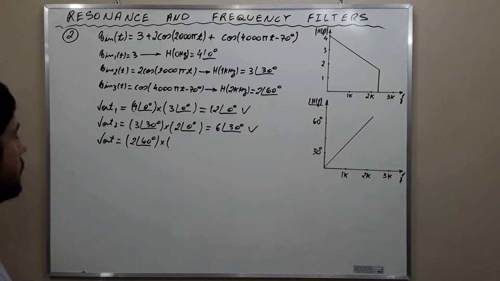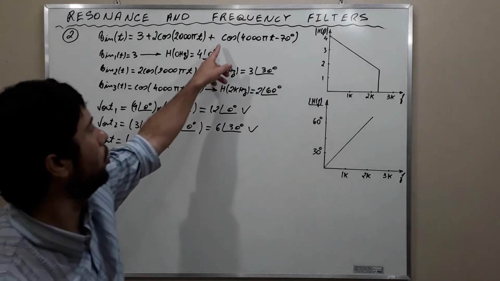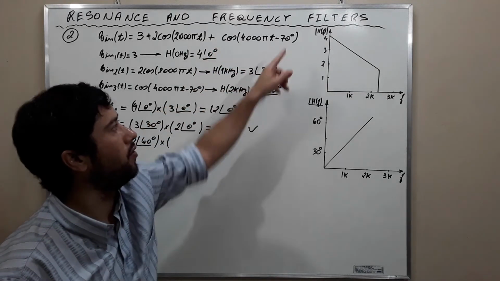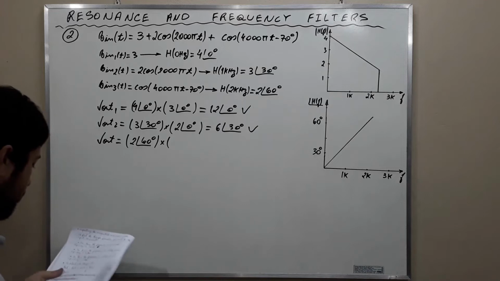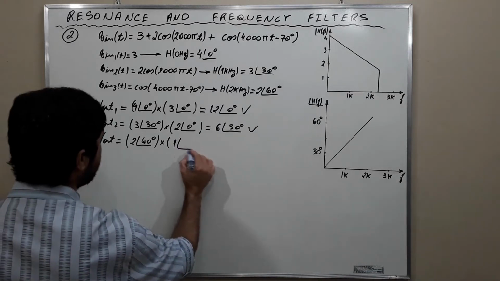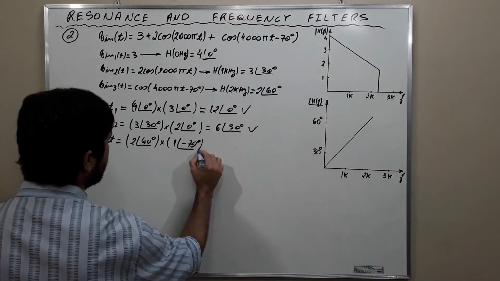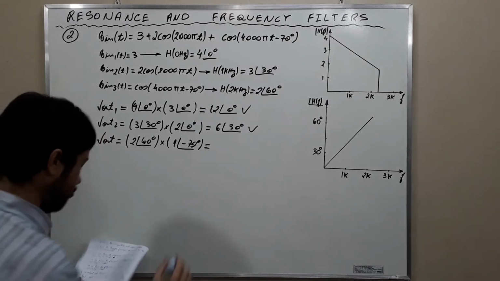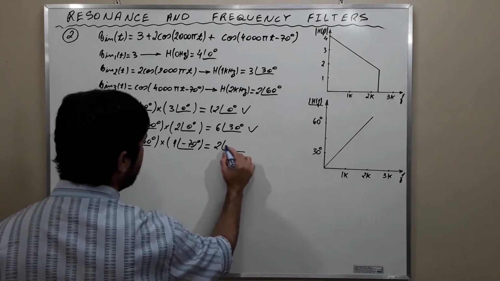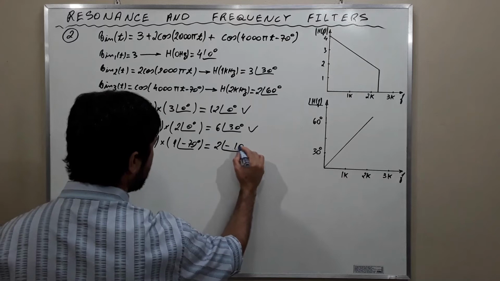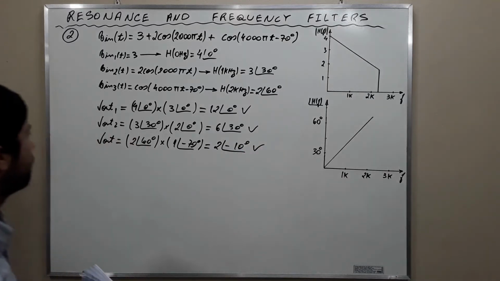And the phasor of the third component of the input signal is 1 phase negative 70 degrees. And this is 2 phase negative 10 degrees.